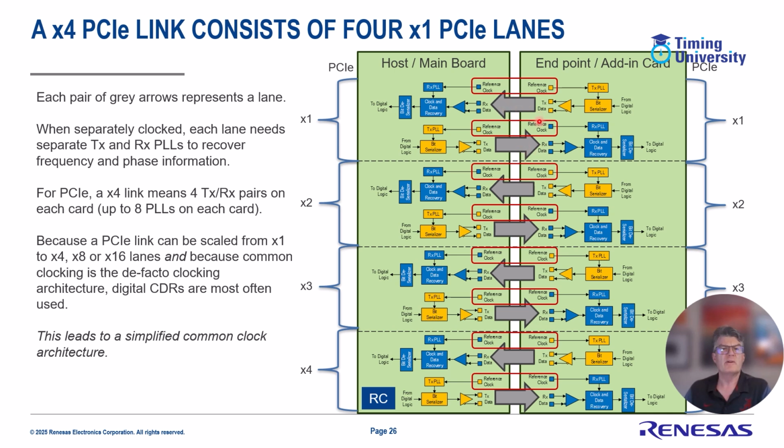So each pair of arrows is a by one lane, and here we have 4 lanes making the link. So there appear to be a lot of PLLs, a lot of clock requirements. However, the PCIe common clock definition leads to a very simplified interface.